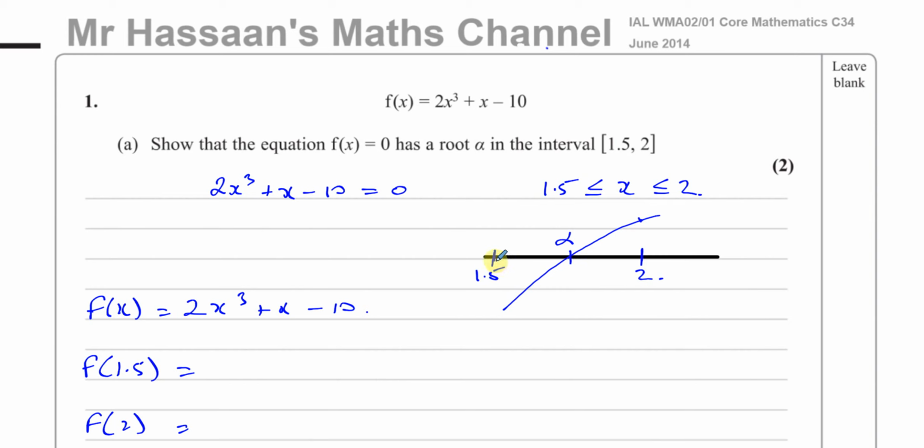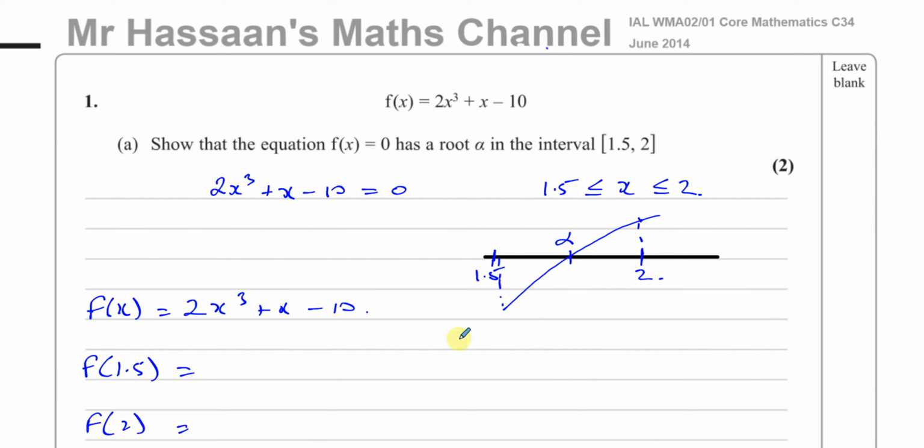So if there's a root somewhere between 1.5 and 2, that means when I replace x with 1.5 and x with 2 inside that function, there will be a change in sign of f of x, meaning it will go from negative to positive, or the other way around depending on how the function looks. Between one point and the other there will be a change in sign, meaning that somewhere between them it has crossed the x-axis.